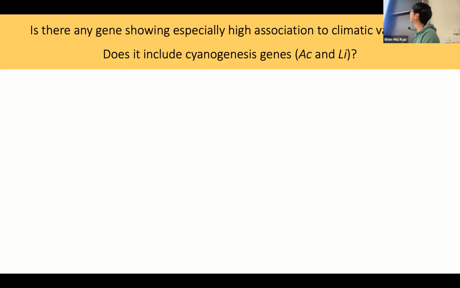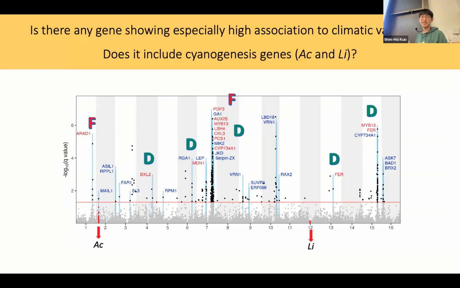And also, we expect to see the cyanogenesis genes, the AC and LI, included in those association outliers. And here is the result. Yes, we find there are multiple genes related to flowering and developmental regulation.